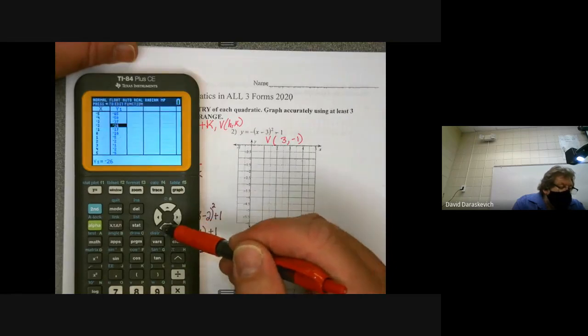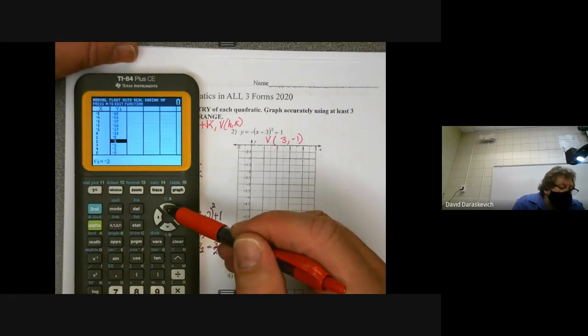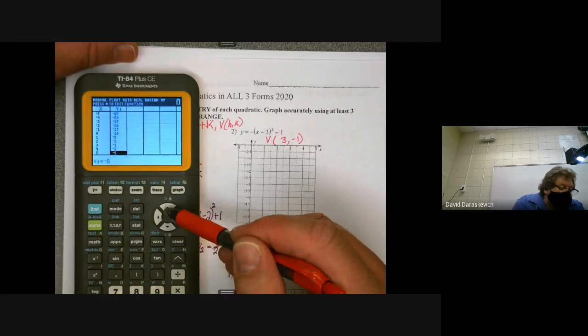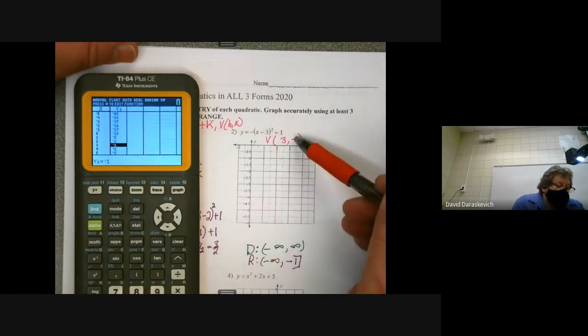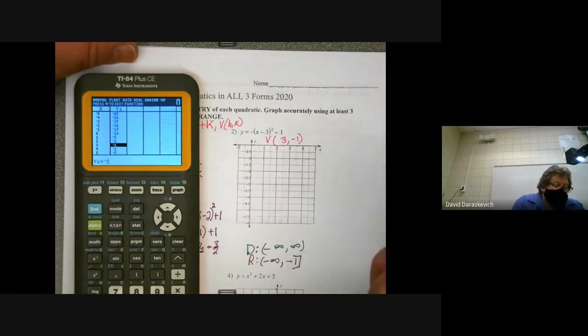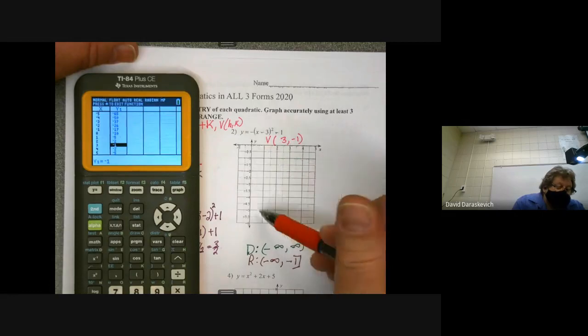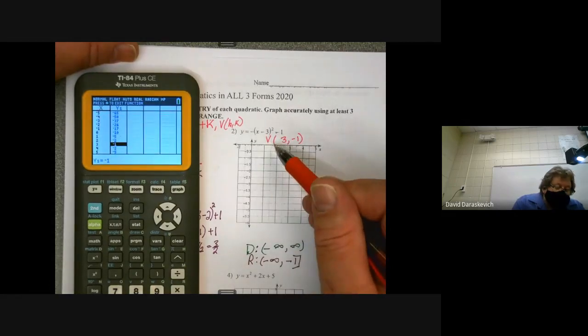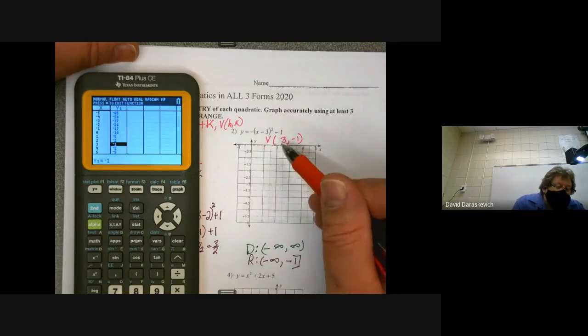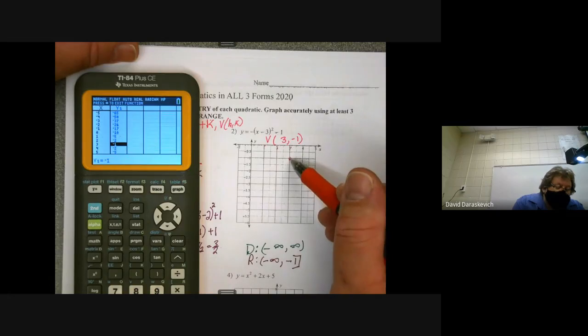And I'm looking at the y values when they start to repeat. And there they are. Okay, -2, -2, -5, -5. So this has to be my vertex. 3, -1. Okay, so 3, where's the x? There it is. 1, 2, 3, -1. Do it right this time.